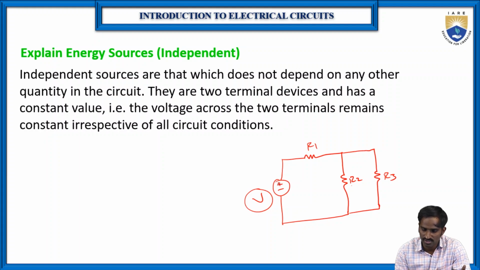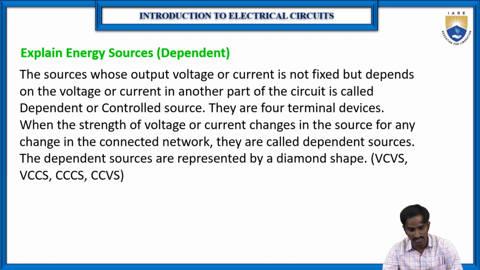If it is a current source, let us consider it as I. So we have an independent current source and an independent voltage source. Then dependent sources. If you understand dependent sources, you can easily understand independent ones.